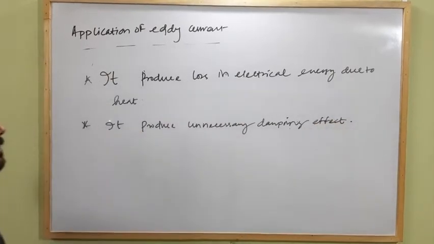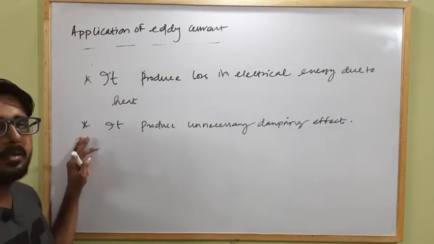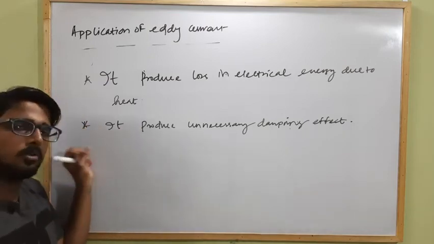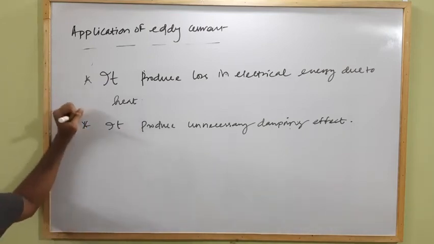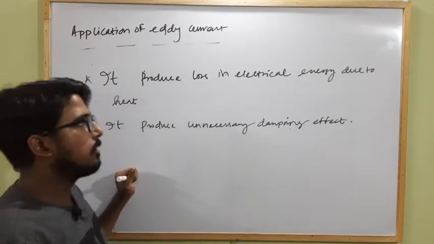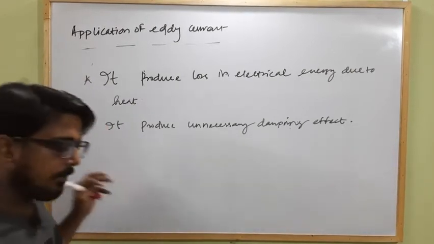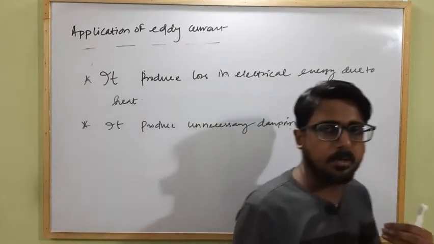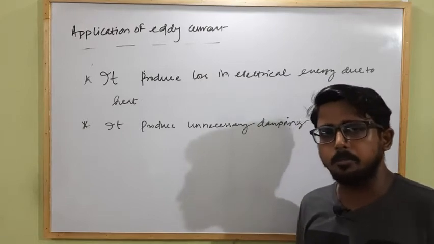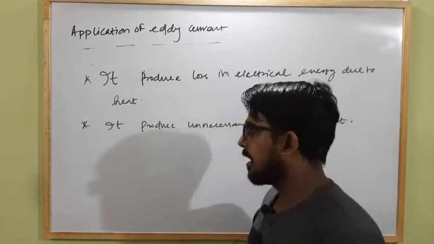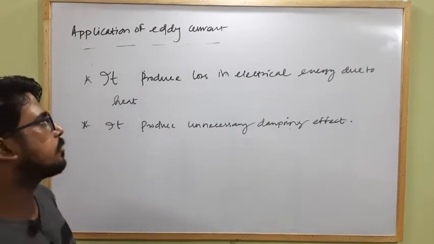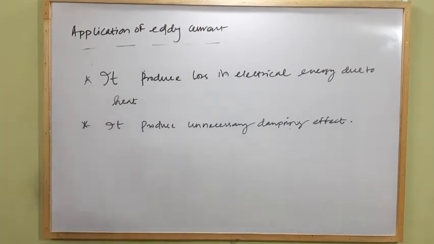Clear? So these are some disadvantages of what? Eddy current. As eddy current has some advantages and also some disadvantages, that's why it is known as what? Necessary evil. Clear? So this is about eddy current: how eddy current is formed, what is eddy current, how eddy current is used in our day-to-day life to perform some helpful work, and how eddy current creates some loss in our day-to-day life. Clear? Next we are going to discuss self-induction.